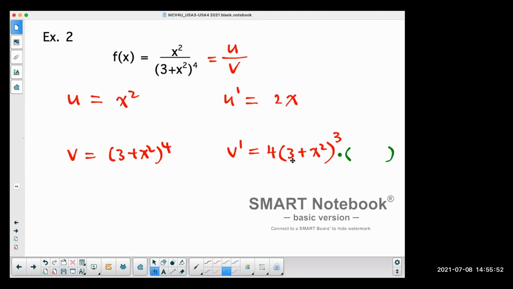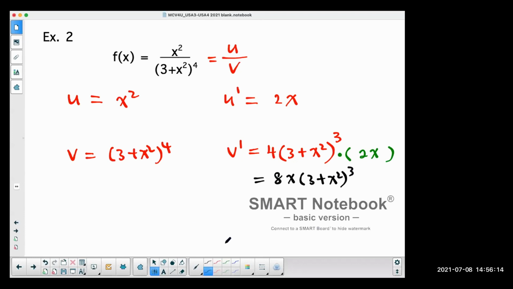The 3 becomes a 0, it's gone. x squared becomes 2x. Okay, now usually when it's a single term and a single term there, we combine them together, we make it 8x times 3 plus x squared to the power of 3. Now I have the four things.